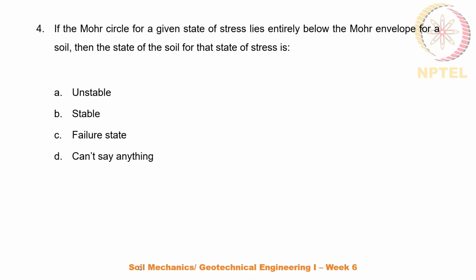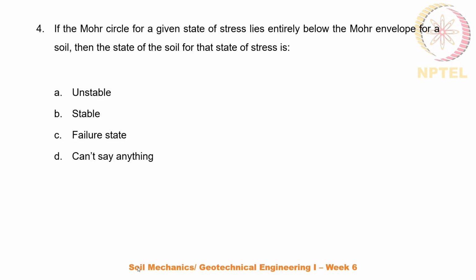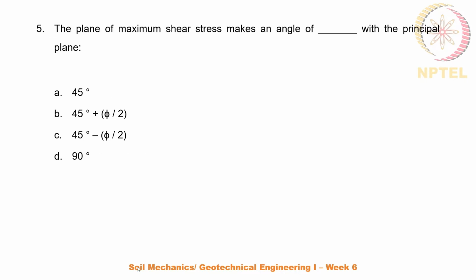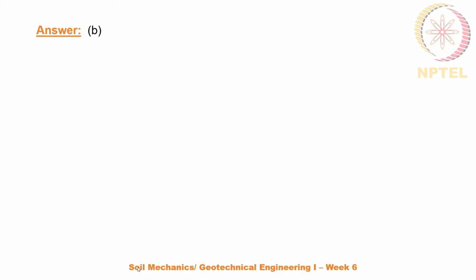Then the state of the soil for that state of stress is, correct answer is option B, that is, it will be stable because our Mohr circle for the given state of stress is below the Mohr envelope, that is, it is in the safer zone. It is not touching the failure envelope. So it is completely stable.